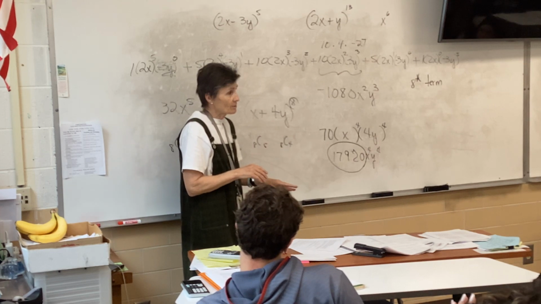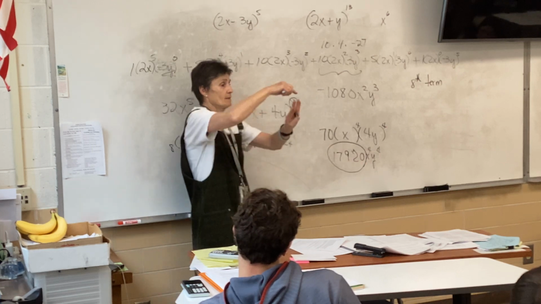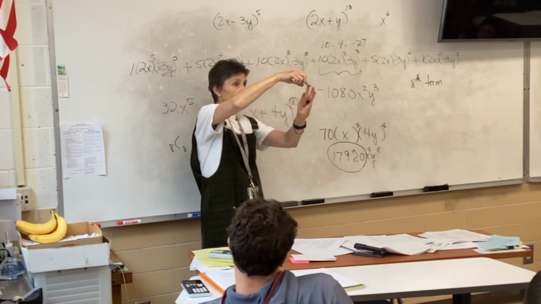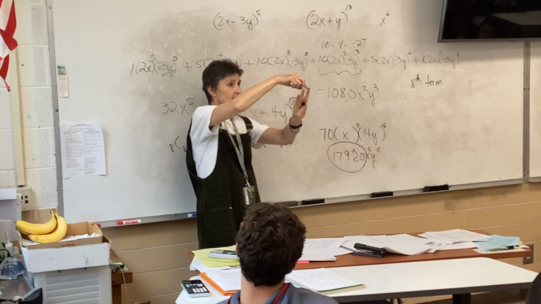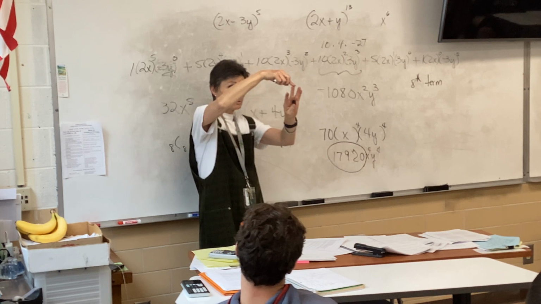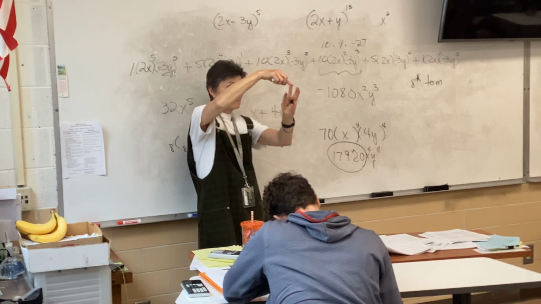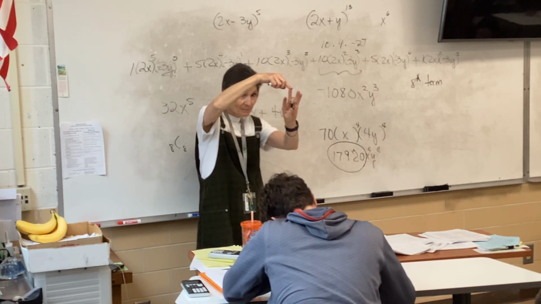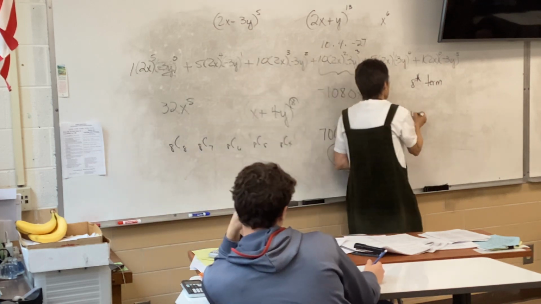Won't that be 13? 13, 13, 12, 11, 10, 9, 8, 7, 6. Don't I want 13C6? I just counted. It's only the 8th term, right? It is. So I want 13C6.